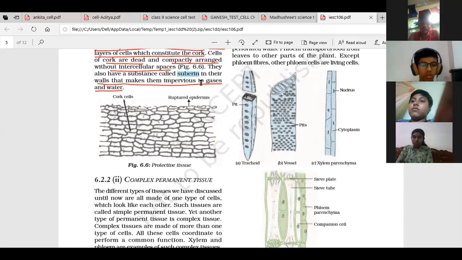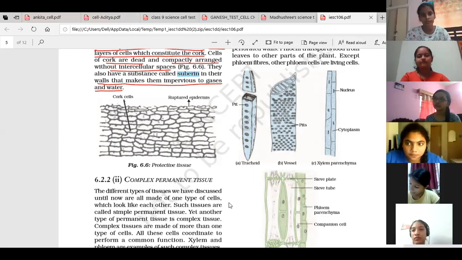That brown part is actually the cork tissue, and it is completely dead now. The brown color is because those cells are completely dead and covered with suberin, and the presence of suberin will not allow any gases or water to enter or move out. Is it clear?